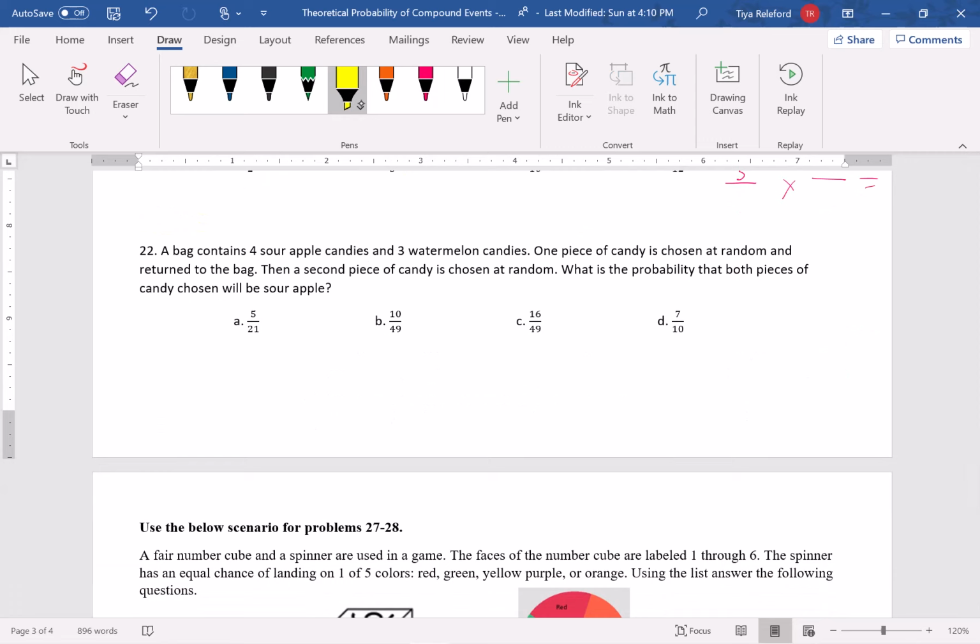A bag contains 4 sour apple candies and 3 watermelon candies. 1 piece of candy is chosen at random and returned to the bag. Probably important. A second piece of candy is chosen at random. What is the probability both pieces will be sour apple? I want sour apple.